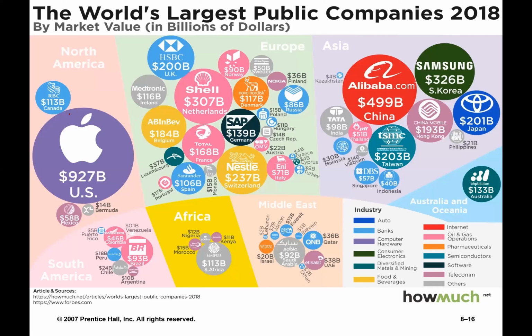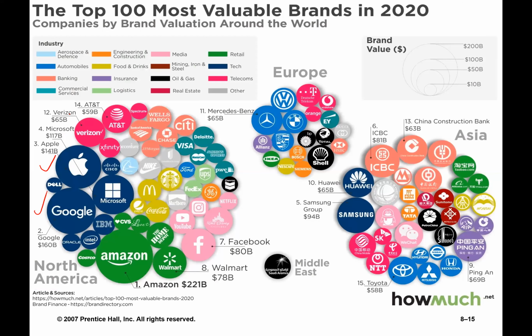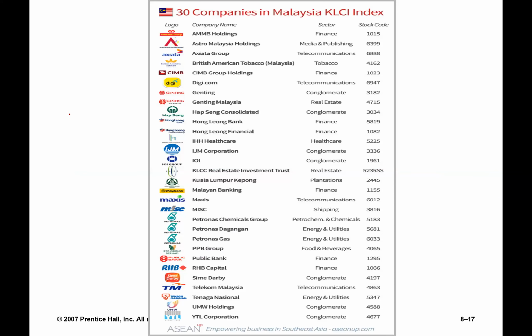All right. So why do I show this kind of figure? Because it has something to do with your assignment later on. All right. And in Malaysia, for instance, we have big companies that have strong public shares.